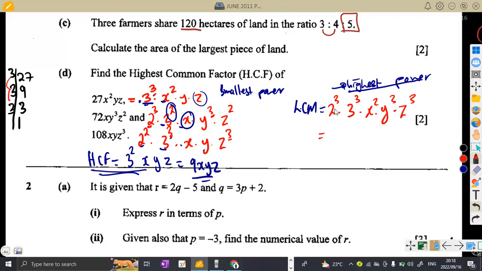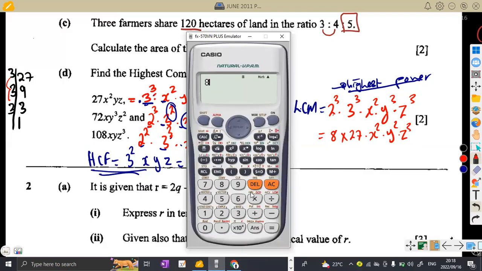Okay, so you can simplify 2 to the power of 3, that is 8, times 3 to the power of 3, which is 27, times x squared times y to the power of 3 times z to the power of 3. So you can multiply 8 times 27, that will be 216.